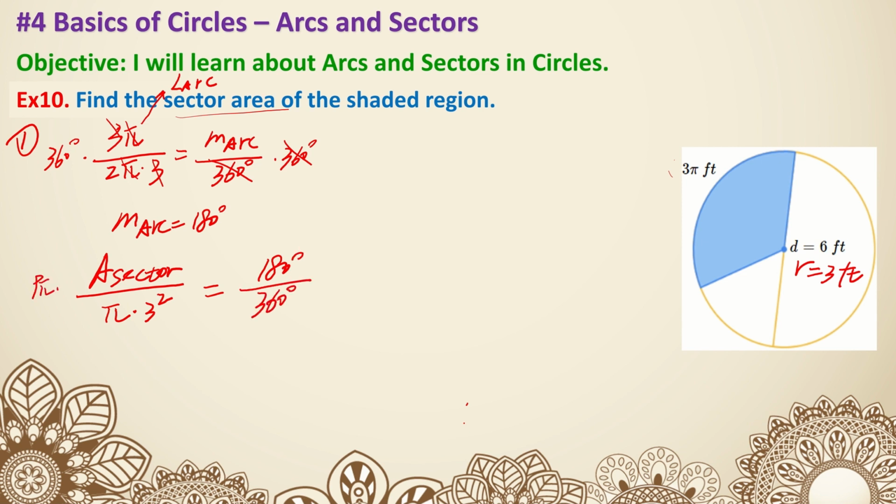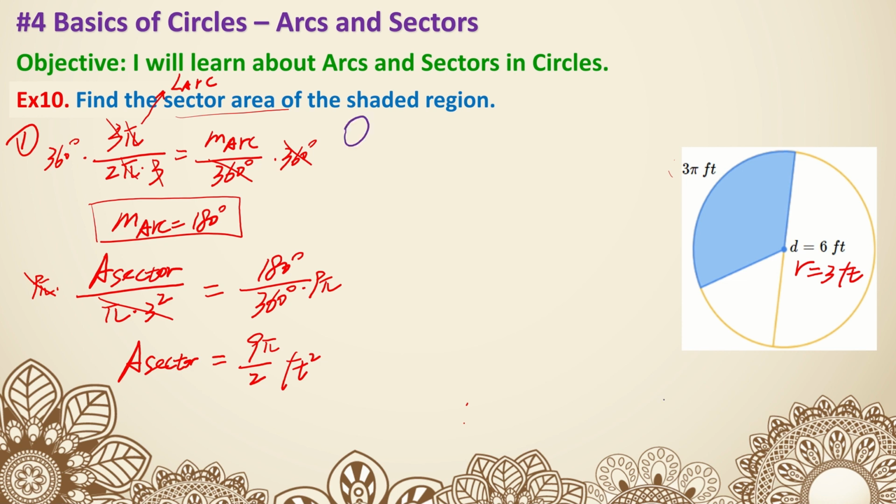I'm going to multiply both sides by 9 pi. So my sector area is 180 times 9 pi over 360. That is 9 pi over 2, and don't forget a unit, feet squared. That is the first method, which is to find the angle and then use the angle compared to 360 to find the other one.